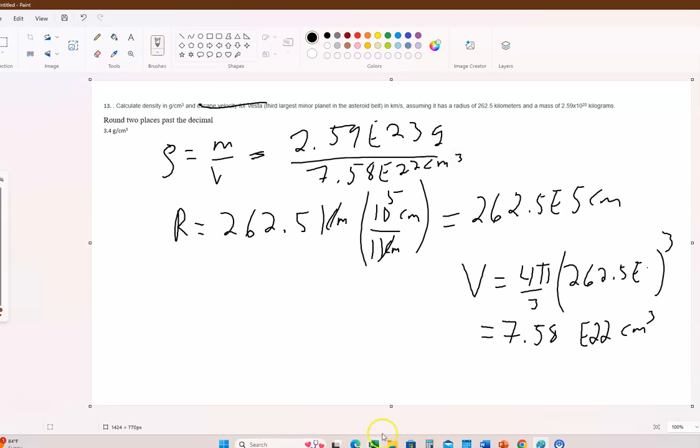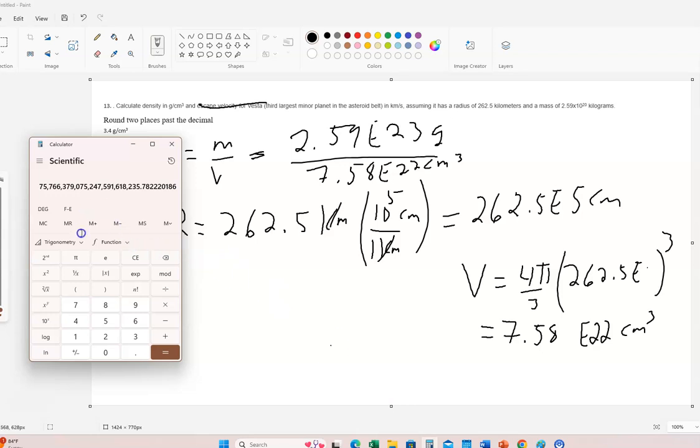So now I've got that in my calculator. I'm going to store that.